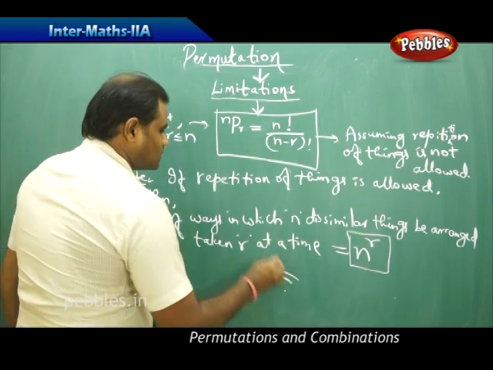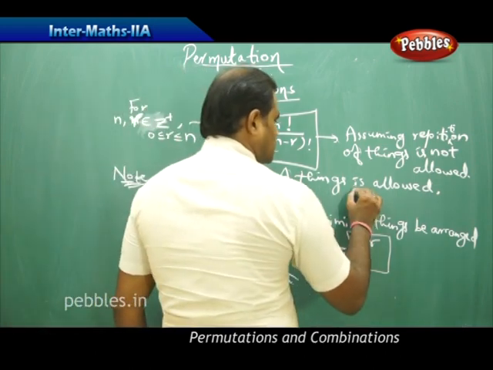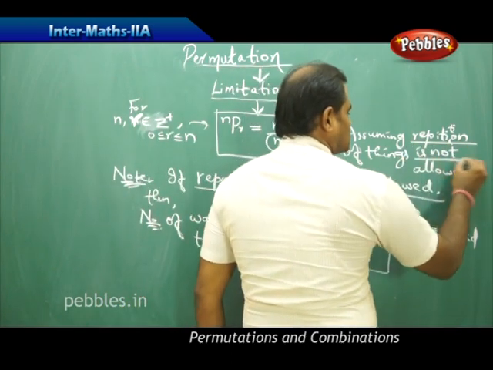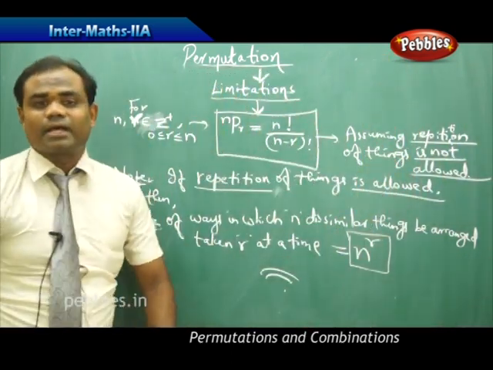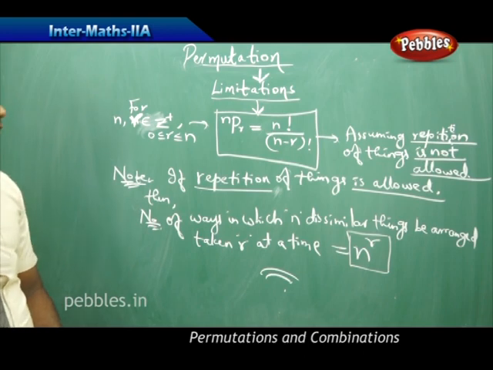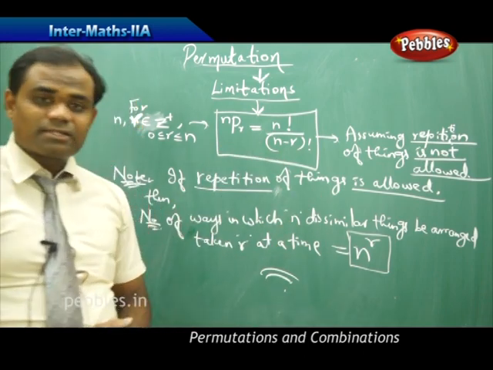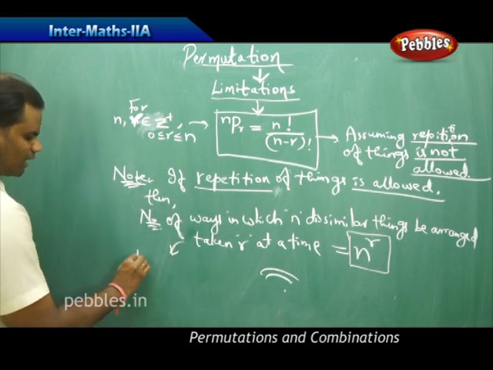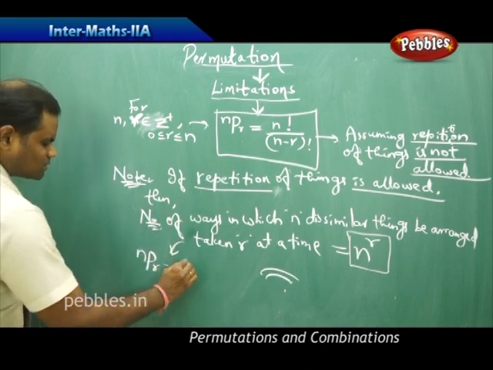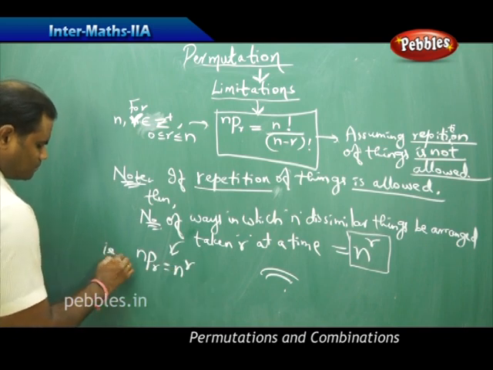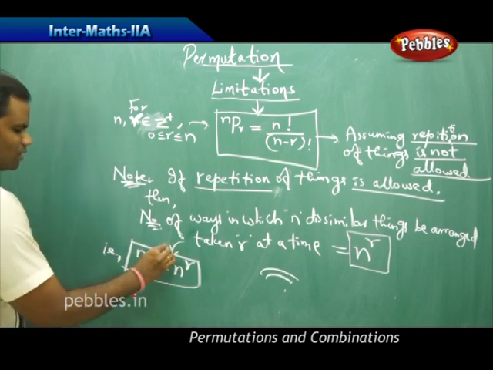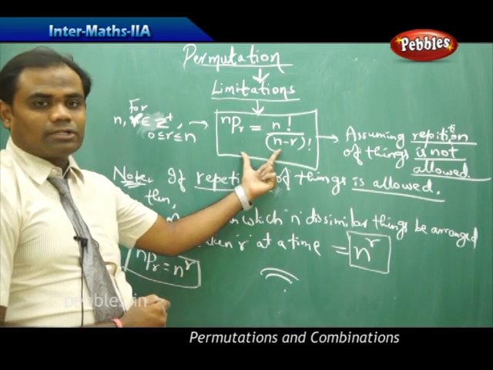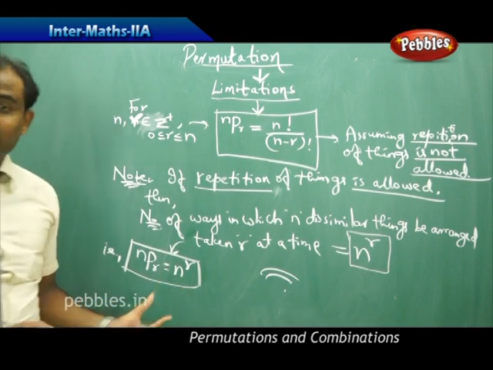So this is when repetition is allowed, and this is when repetition is not allowed. When repetition is not allowed, nPr is n factorial by (n minus r) factorial. When repetition is allowed, I have n power r. This is how I understand the difference between repetition not allowed and repetition allowed.